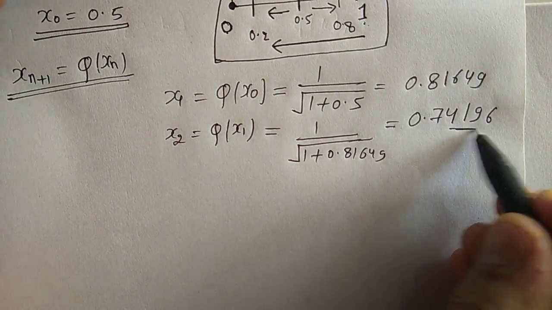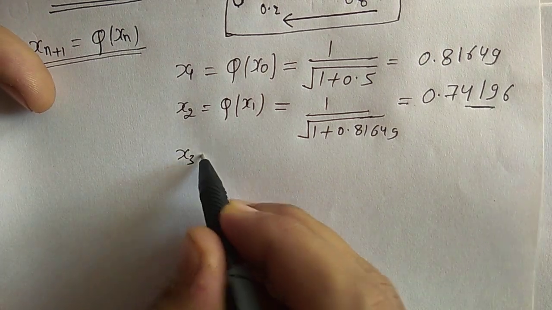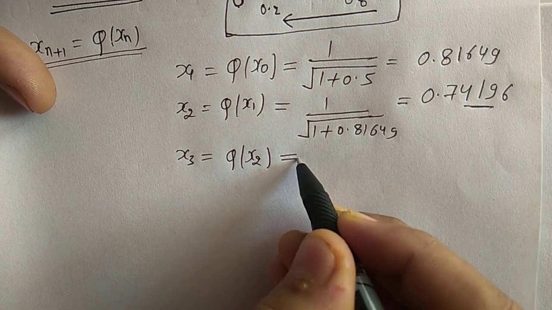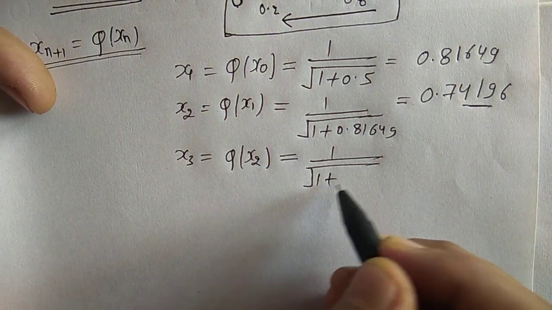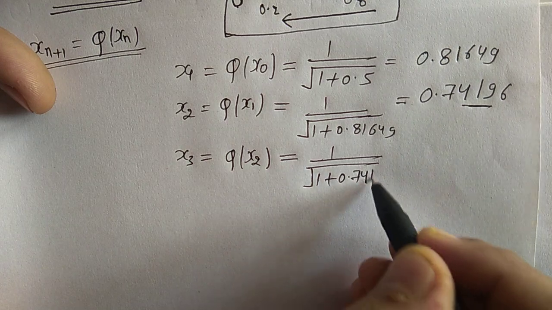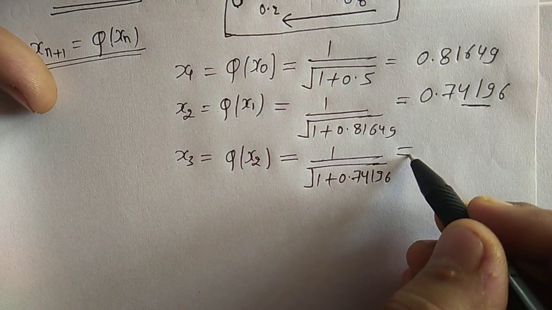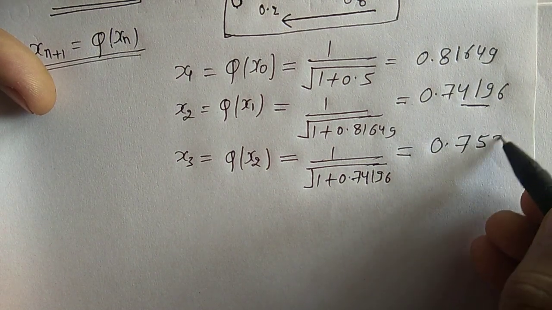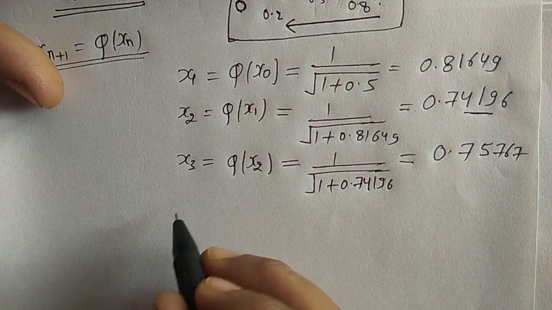These numbers are very important for accuracy. So x3 equal to phi of x2, that is 1 upon under root 1 plus 0.74196, which equals 0.75767.